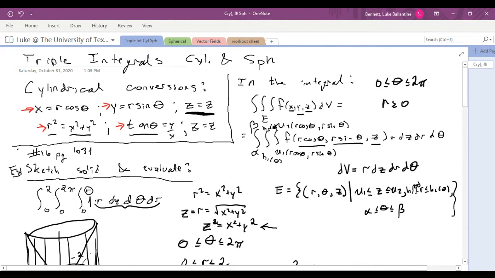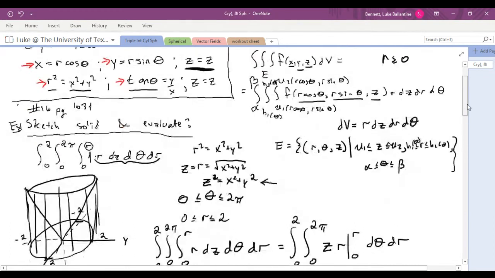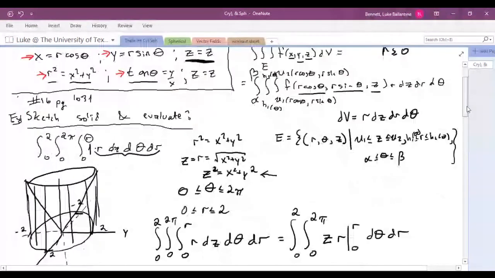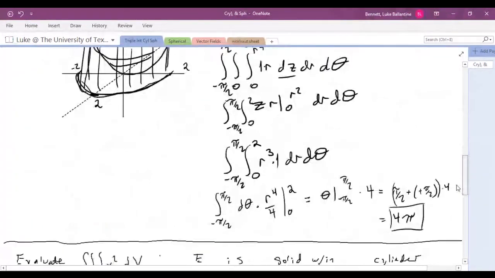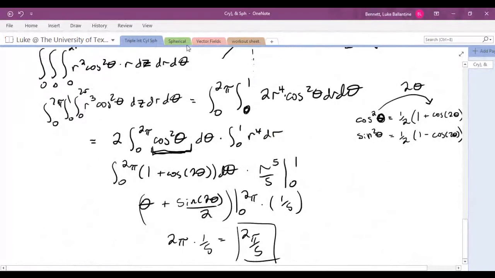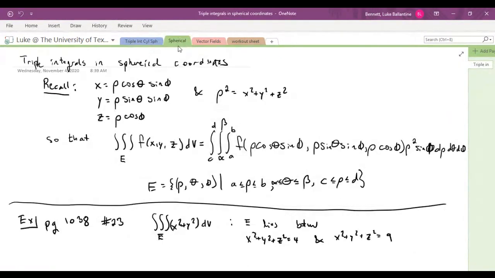For every x, we put r cosine theta. For every y, we put r sine theta. For every z, z stays. And we have our conversion here. So we can go on to cylindrical coordinates, or spherical coordinates.